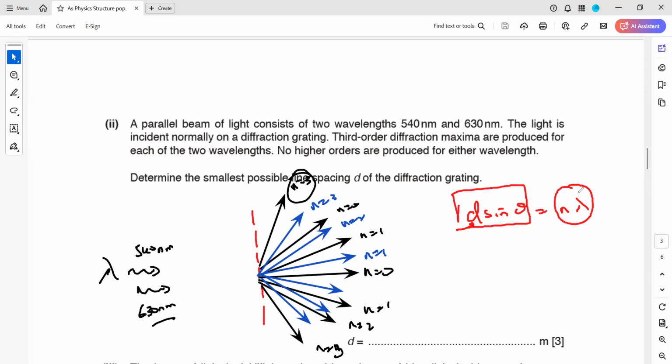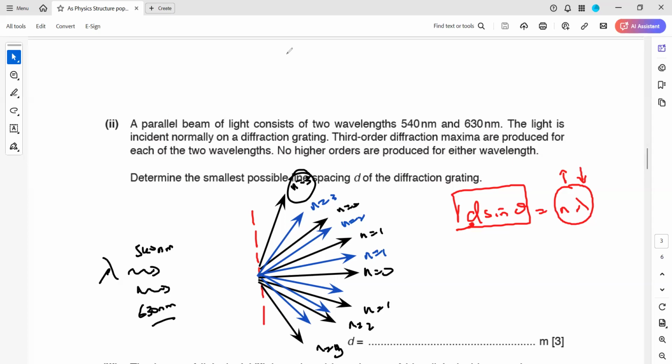They are inverse. So if you decrease the wavelength, the value of n will increase. That's why shorter wavelength produces more diffraction patterns, more images, as the value of n will be higher.